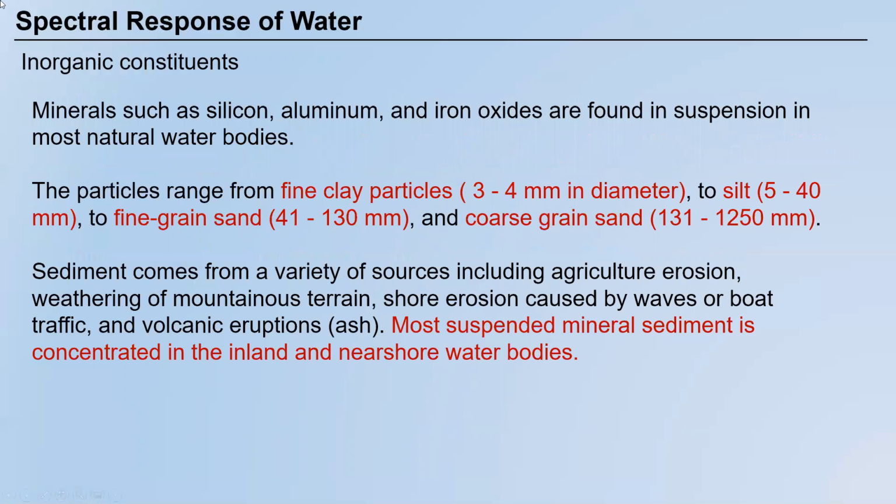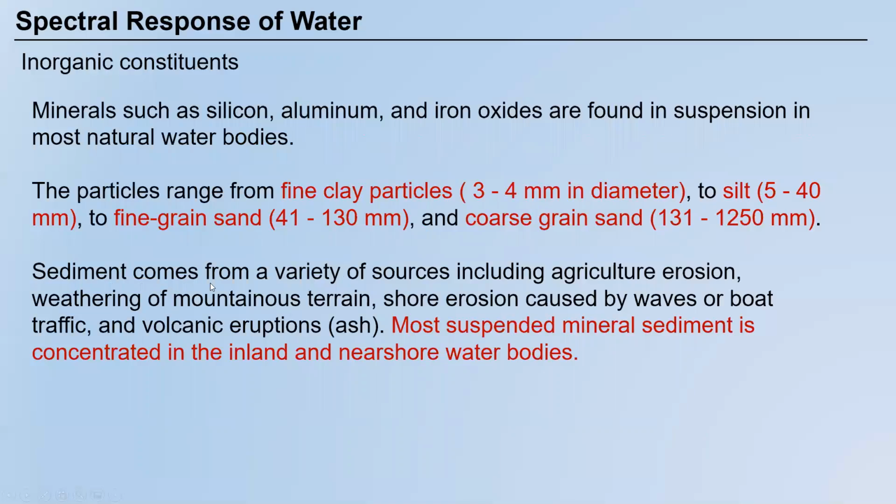And for inorganic constituents, they are basically minerals. Minerals such as silicon, aluminum, and iron oxides are found in suspension in most natural water bodies with different concentrations, of course. So the particles have different sizes.